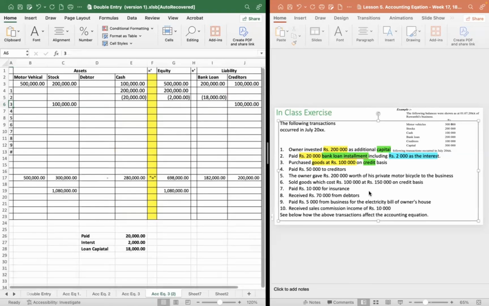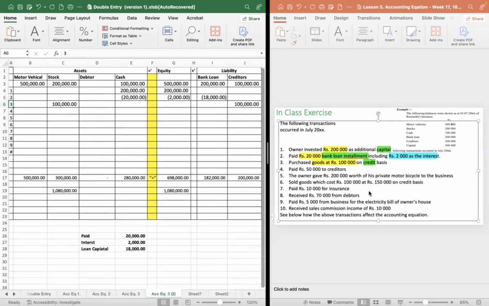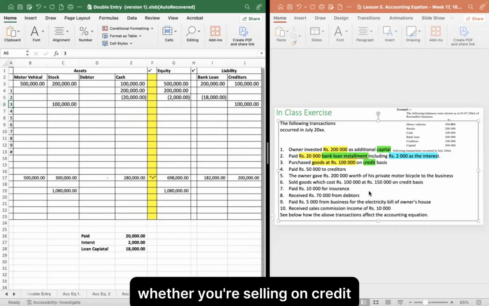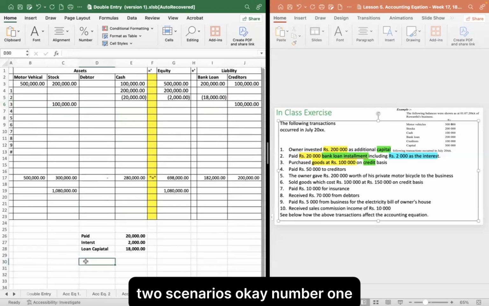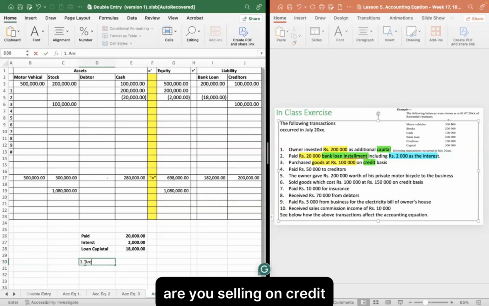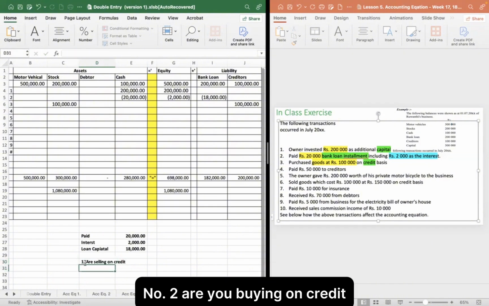As I said earlier, there are two scenarios when it comes to credit: whether you are selling on credit or whether you are buying on credit. Number one, are you selling on credit? Number two, are you buying on credit?